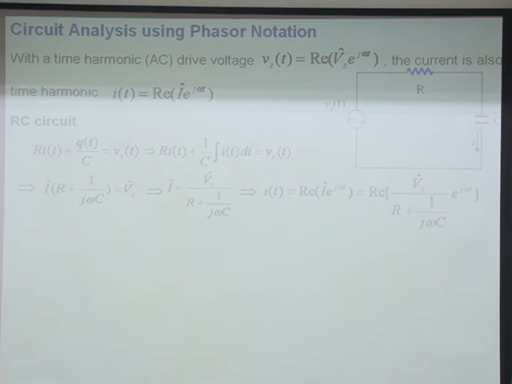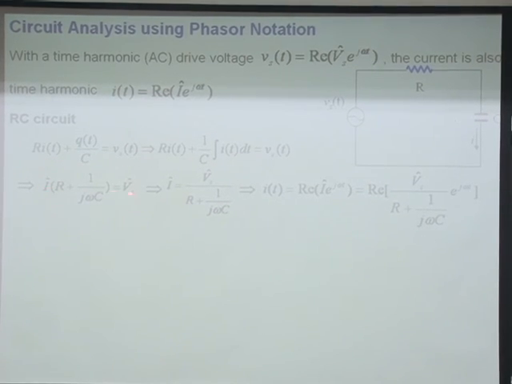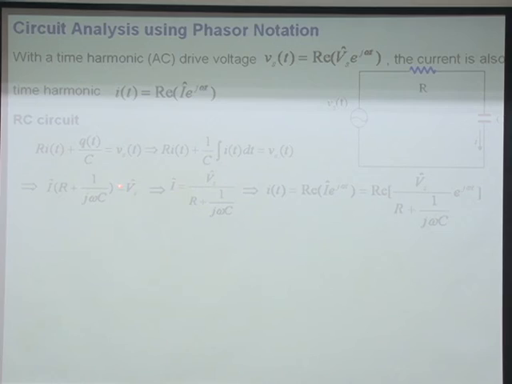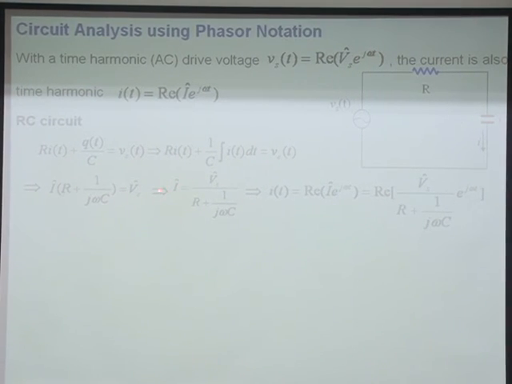Okay, and then on the right hand side, now it's a Phasor. On the left hand side is also a Phasor of the current. So you can relate the Phasor of the current to the voltage of the Phasor, and then very quickly you derive the solution for the Phasor of the current. Right? 所以这是很简单的这个 very simple algebra.